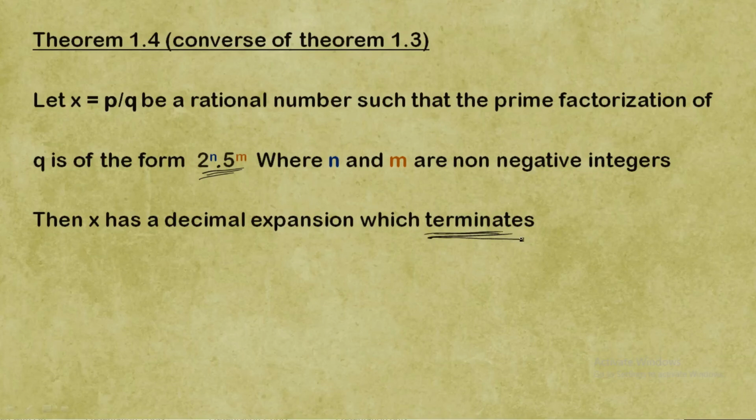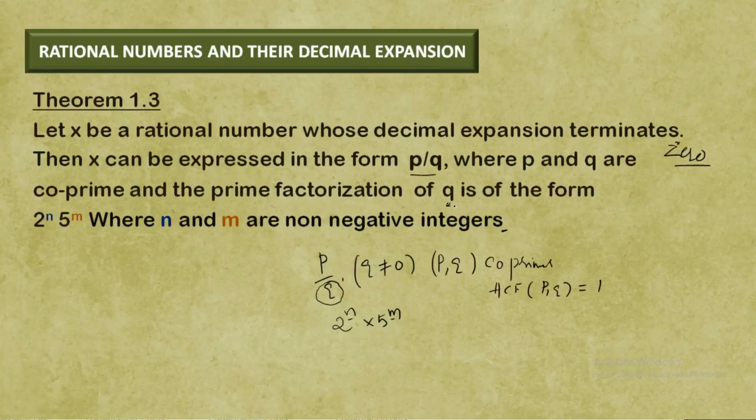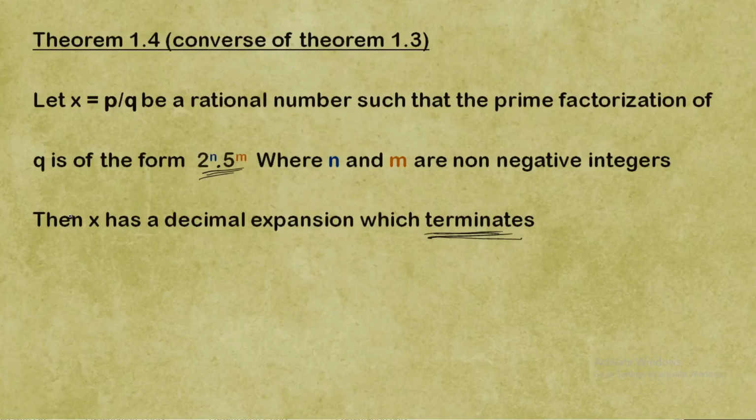This termination we have seen in the previous theorem 1.3, the first statement you can see here. And writing q in this form is in the last sentence. But in this converse, they have given it in the reverse way. See here, if a rational number is in this form, then the expansion will terminate.